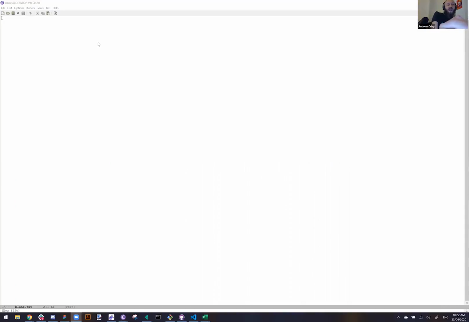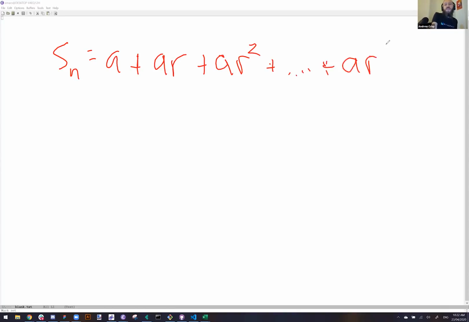So I've got Sn equals a, the initial value, plus the initial value times the ratio, plus the initial value times the ratio to the power 2, plus all the way through to plus the initial value times the ratio to the n minus 1.